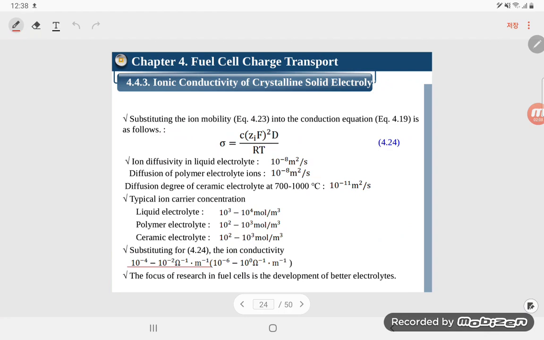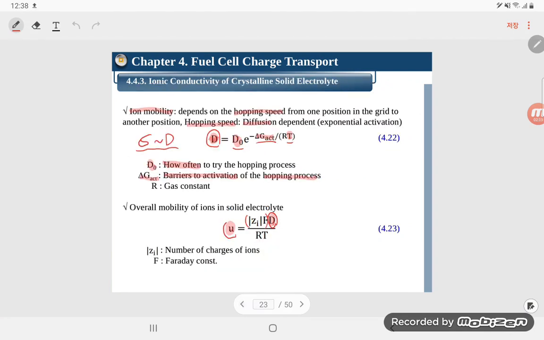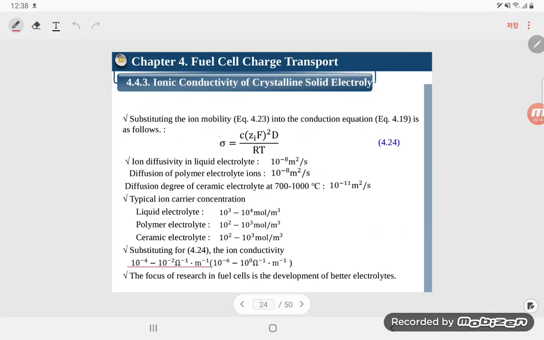Then if you insert this u into the conductivity equation, we get this final expression for the conductivity, in terms of concentration, diffusivity, and the temperature.